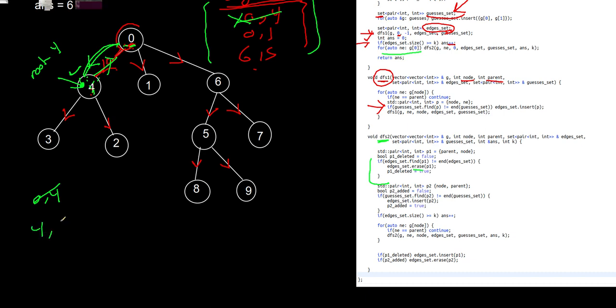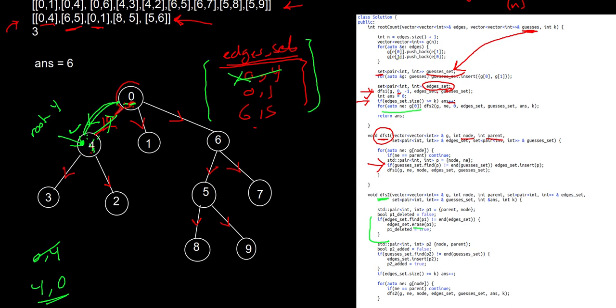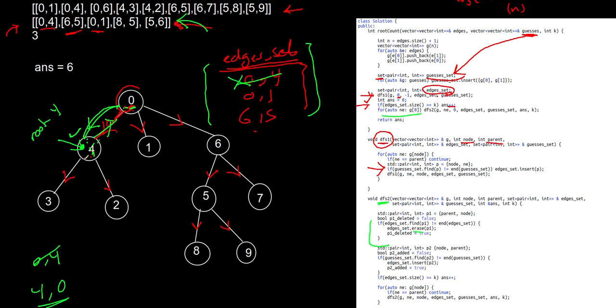We need to check if 4, 0 exists in this array. 4, 0 does not exist, so we just ignore it. And that means the root 4 is not part of the solution. Then we continue our DFS.